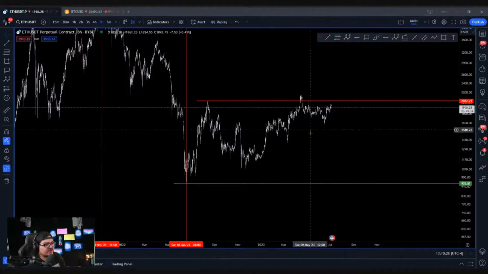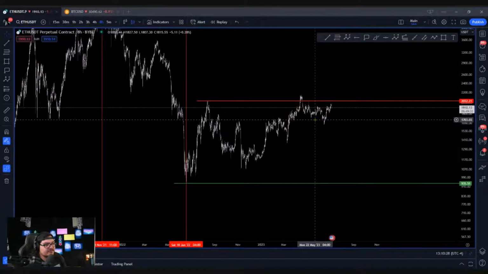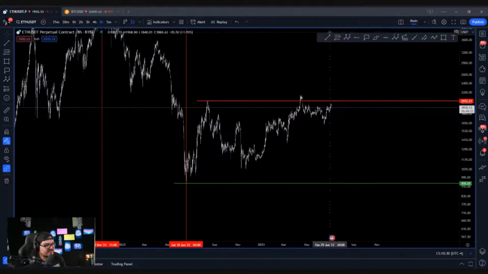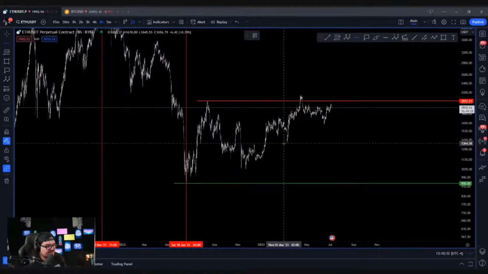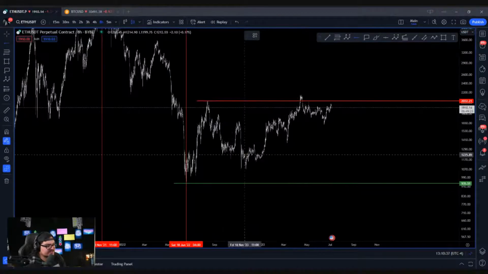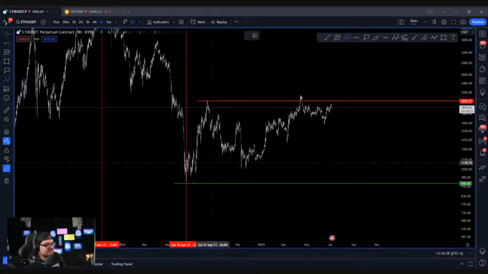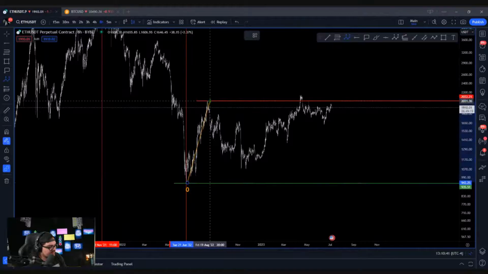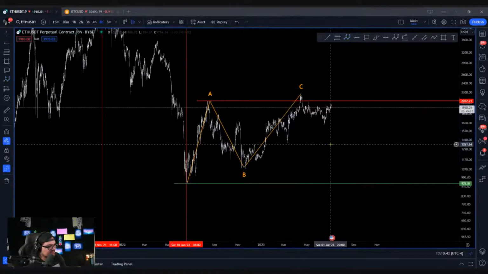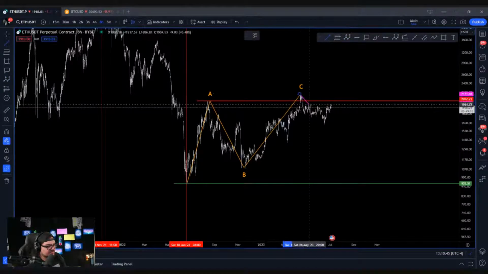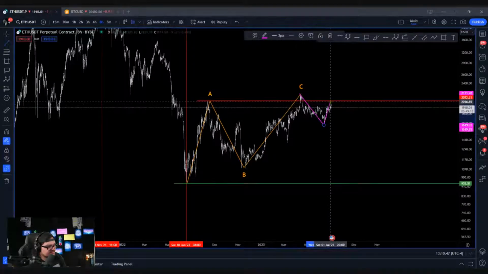Now, like I said, if we are going to break lower, I do not want to see the low broken at 935, but it can go anywhere. And we'll talk about the levels that do matter and where ETH can go ahead and test. But if that is going to be the case, remember A to a B to a C. And at the moment, we're just looking for a larger potential B wave, something like this.